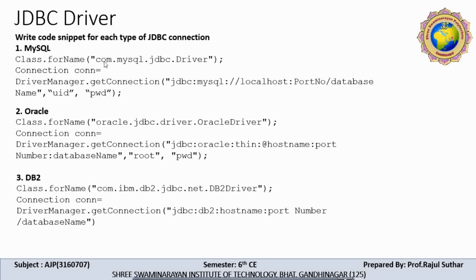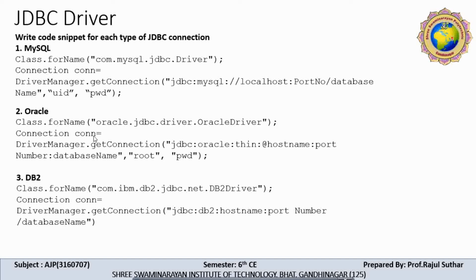So here com.mysql is used. Instead of MySQL you can use the Oracle driver. So same thing, Class.forName method is used. In the bracket we require oracle.jdbc.driver.OracleDriver, and again we require the connection object.